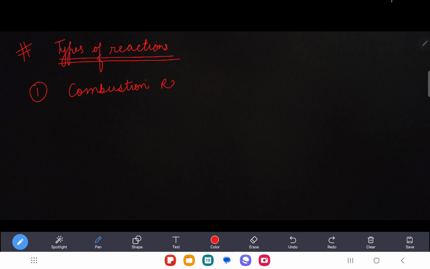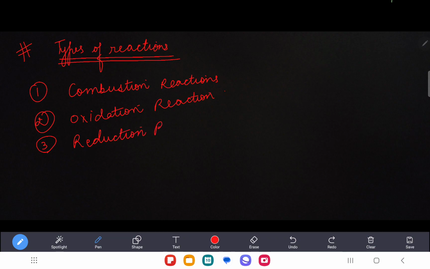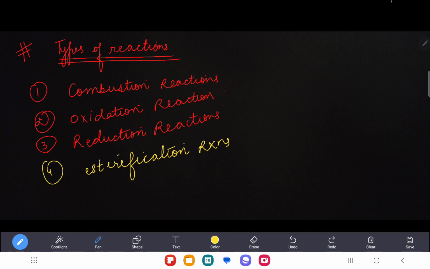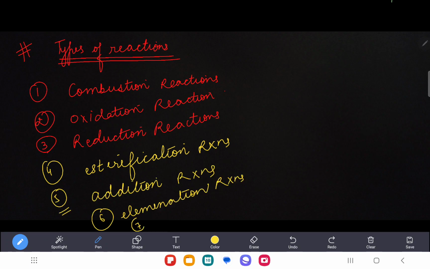We have combustion reactions, we have oxidation reactions, we have reduction reactions, we have esterification reactions, and seventh we have the oxidation, reduction, elimination, and substitution reaction.